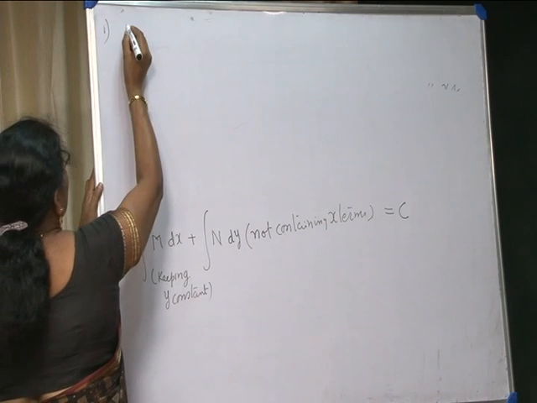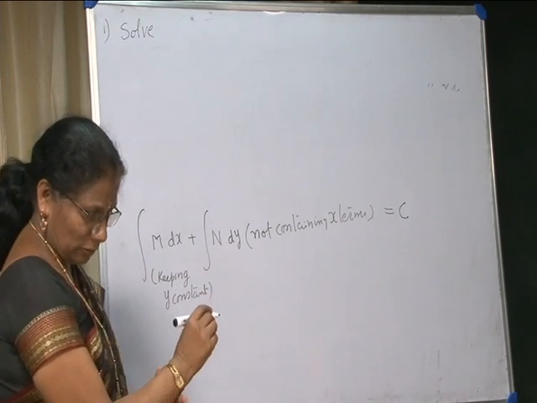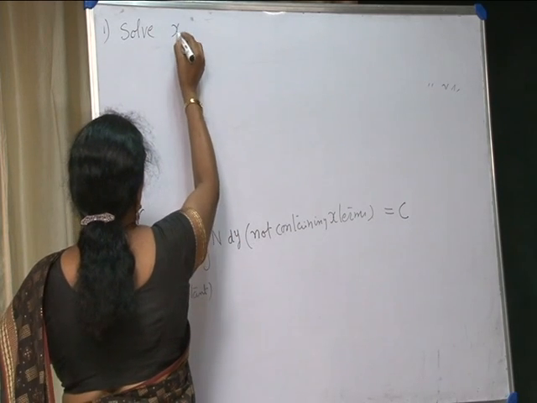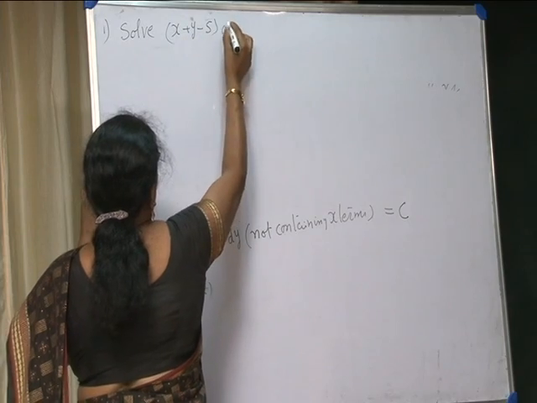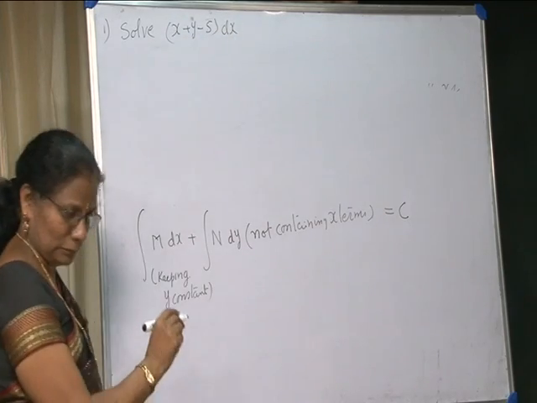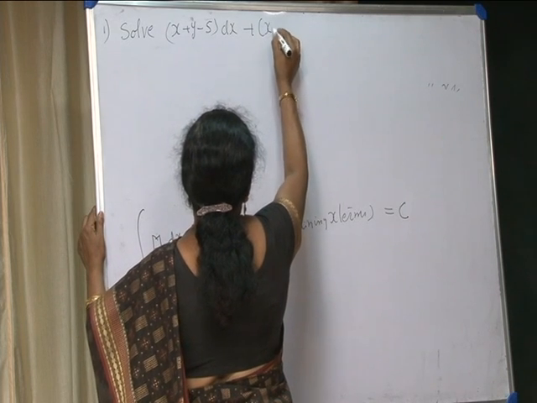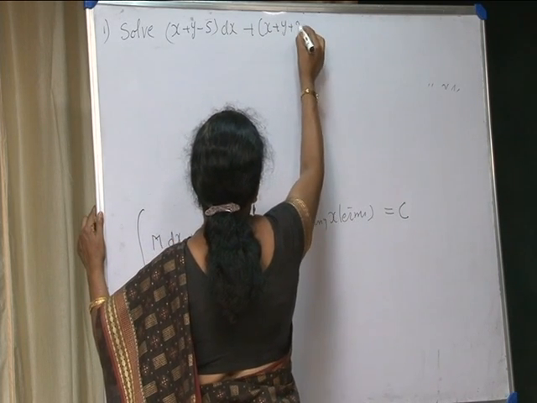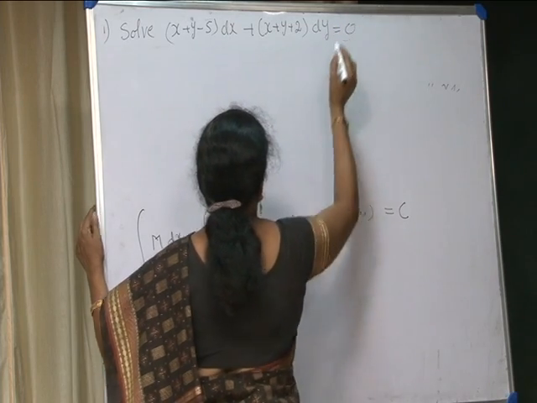First one, solve (x plus y minus 5) dx plus (x plus y plus 2) dy is equal to 0.